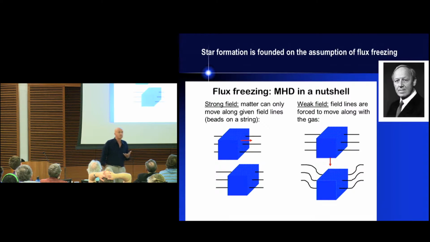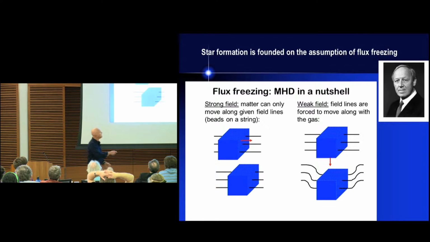And we need this because we have a paradigm. And what is this paradigm? This is a paradigm suggested by Hannes Alfven. It says that if you have a really good conducting media, your magnetic fields are frozen in. So if you have strong magnetic field, plasma obeys it.